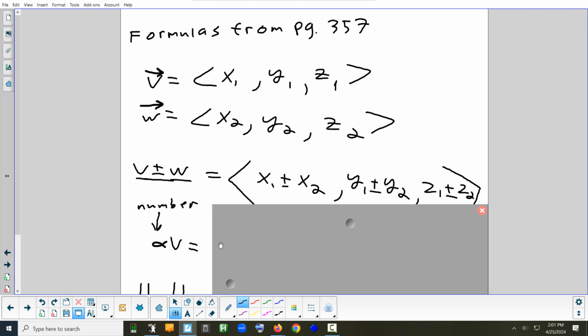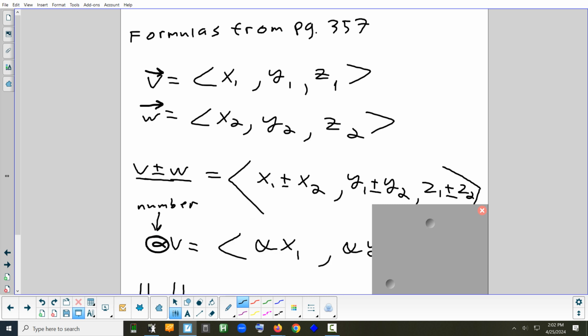Next thing we did was this. We put something in front of a vector. Does anybody remember what that does to the vector? Scales it. That's called a scalar. If you want to scale a vector, you multiply each component by the number you're scaling by.